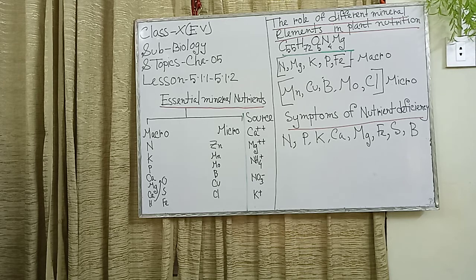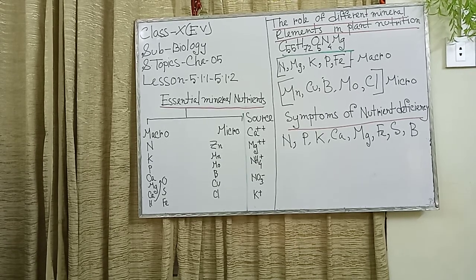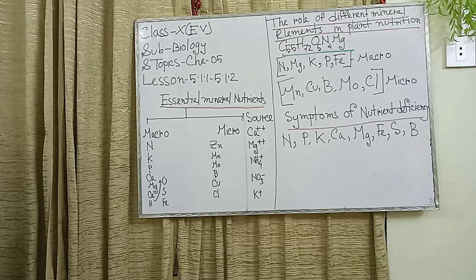Next is calcium. Again, I repeat, the normal level of calcium in the cytosol of the cell is related to the functioning of mitochondria and endoplasmic reticulum. These are cell organelles.